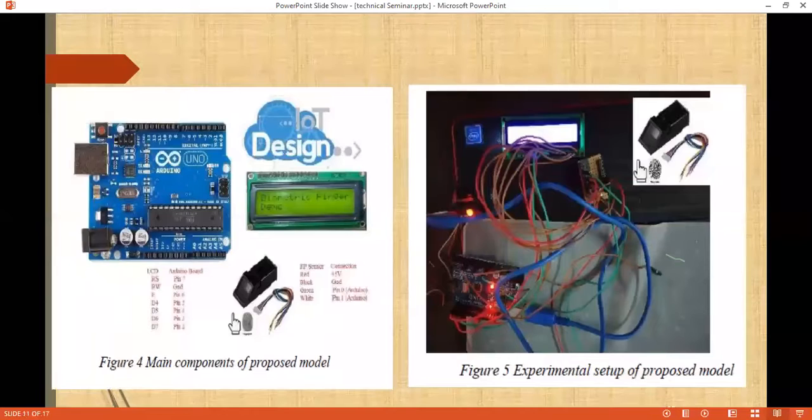These are the main components of the proposed model, according to the author: an Arduino board, an LCD for displaying the message, and a fingerprint sensor. Figure 5 shows the complete experimental setup of the model proposed by the author. They are all connected pin to pin, and connected to a laptop to store the student details in the database. This is the complete setup.